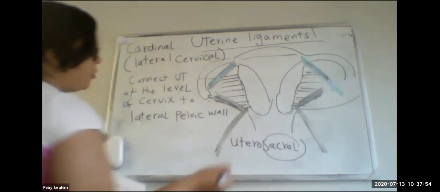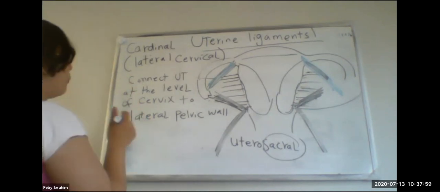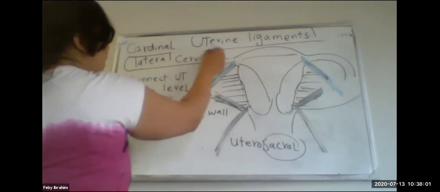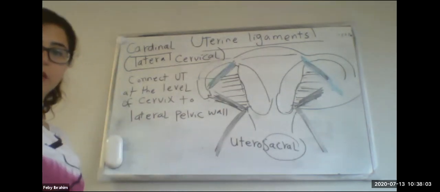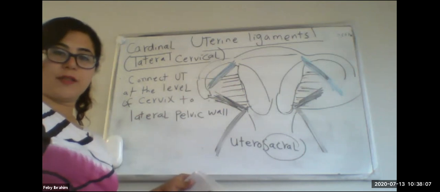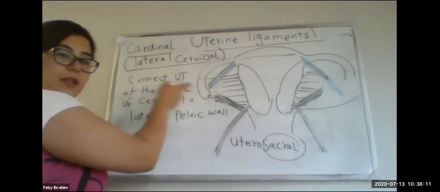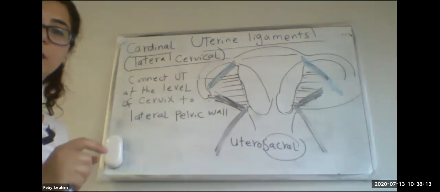I can say the side wall of the pelvis, it's correct too. This is for the cardinal, or the lateral cervical. It gives lateral support, connecting the uterus at the level of the cervix to the side wall of the pelvis.